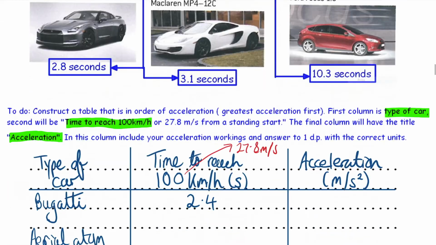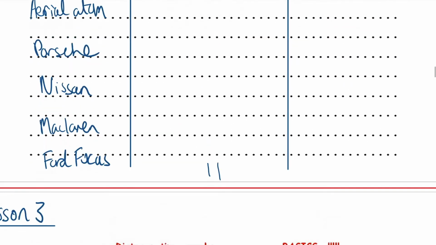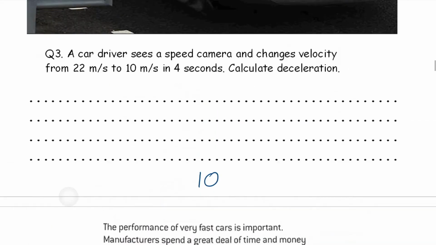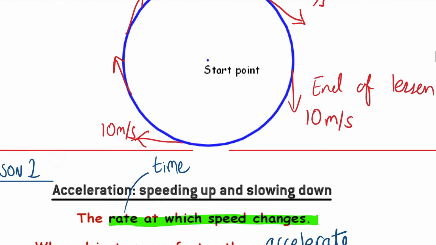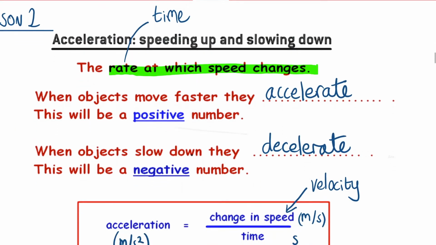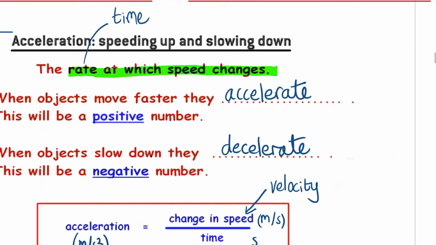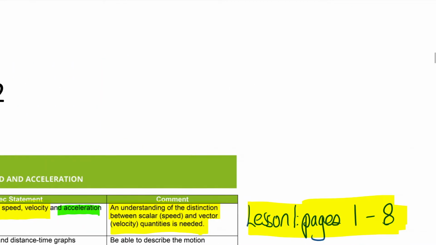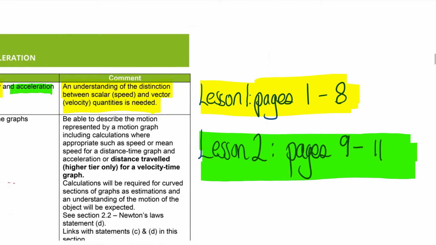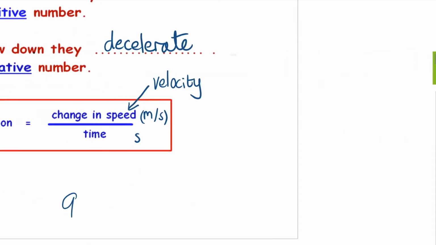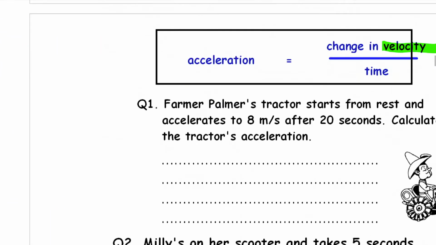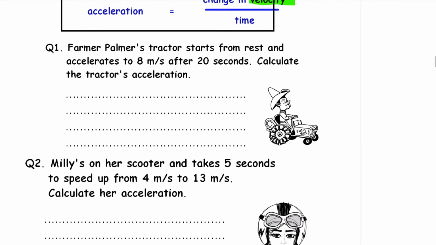And then the last activity of the lesson is page 11. So I think I've written it over next to the learning objectives. The pages we're doing today are from pages 9 to 11. Okay, let's get started. Let's get calculating.